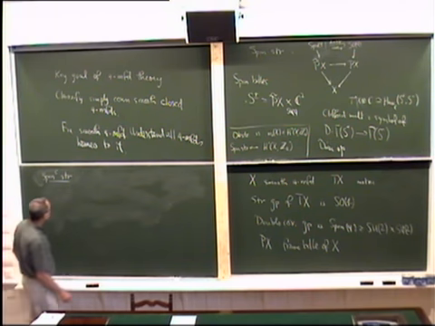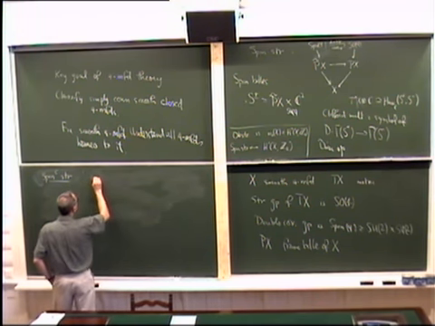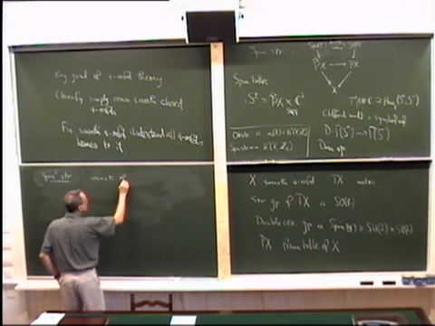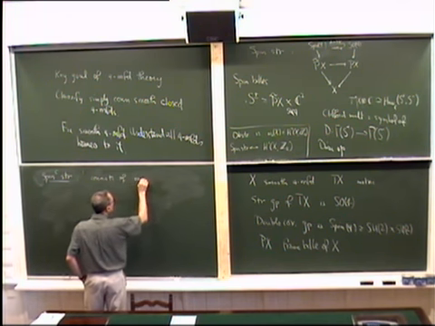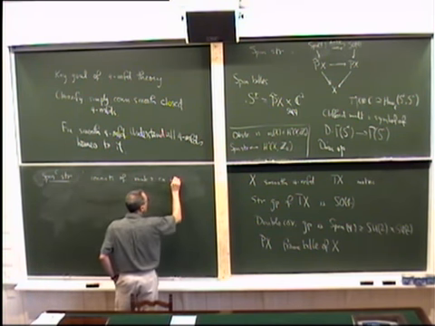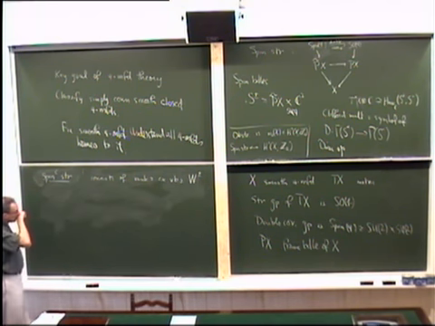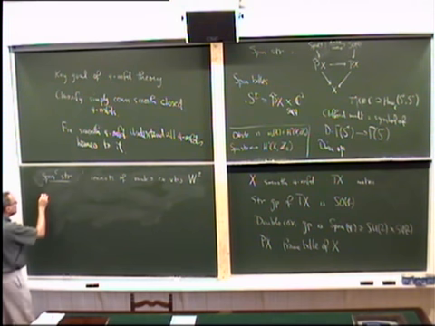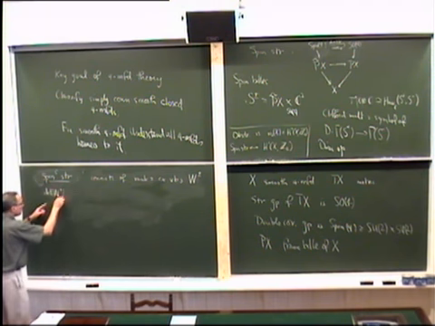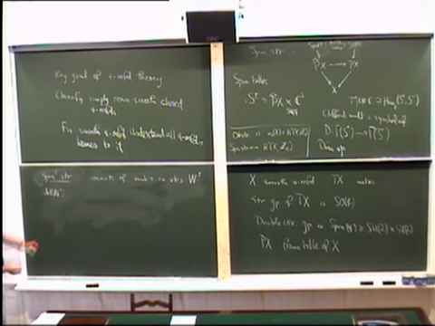So a spin^C structure consists of rank 2 complex vector bundles, W plus or minus, with isomorphisms. The determinant of W plus, its top exterior power, is the complex line bundle whose first Chern class is the first Chern class of W plus.